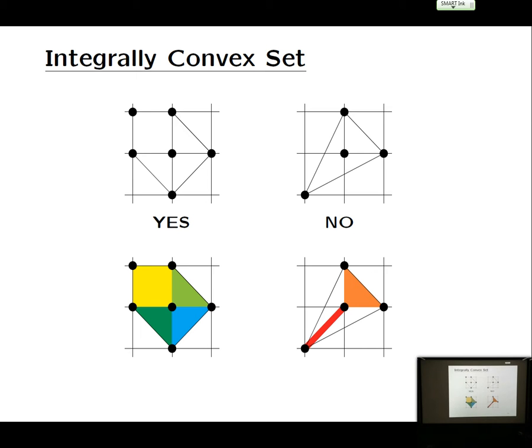So the convex hull of these 2 points is just a line segment. So this is the local convex hull. But if we make the union of these, then the resulting set is not convex. So that is why this set is not integrally convex. Fine.